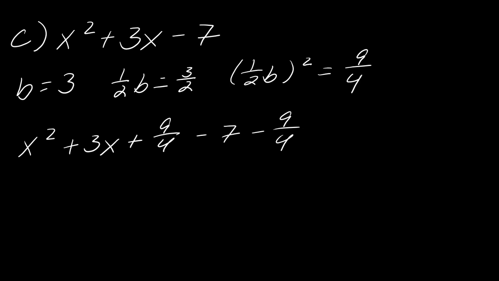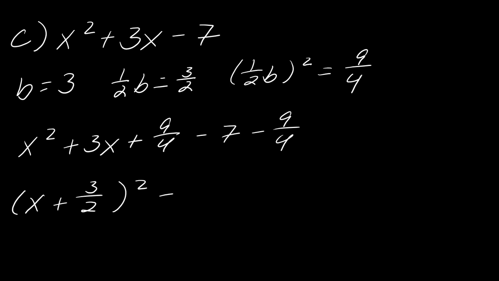So remember, I keep saying this, if you aren't sure how this factors, it's always whatever the half b is. So that's the beauty of having the map here, is that if you get a little lost and you're trying to factor, it's just this, I don't have to think about it. So this is going to be x plus 3 over 2 squared.